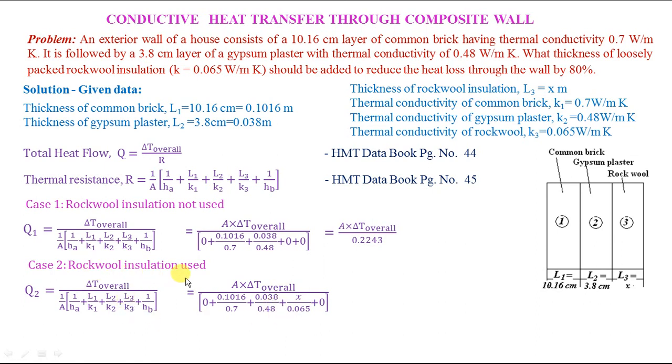Here rock wool insulation is used, so the length of L3 is assumed to be X, so X by K3 is X by 0.065, plus 1 by HB is 0. So we will get the final equation as A into delta T overall divided by 0.145 plus 0.079 plus X by 0.065.